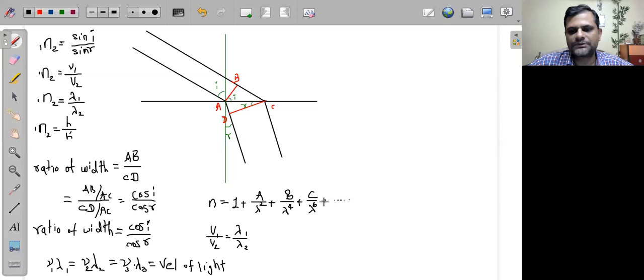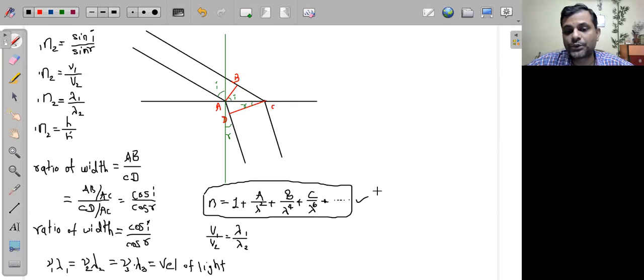So this is the relationship between the refractive index and wavelength of light, which is called Cauchy's formula, which is not there in your syllabus, but you must know it, you should remember it. Okay, तो ये हमको अच्छी तरह से याद रखना है.